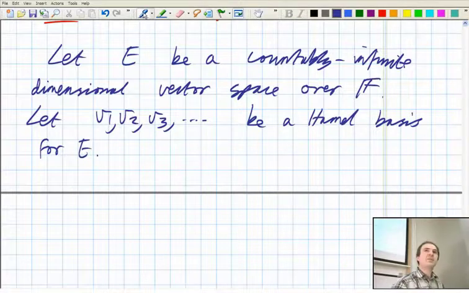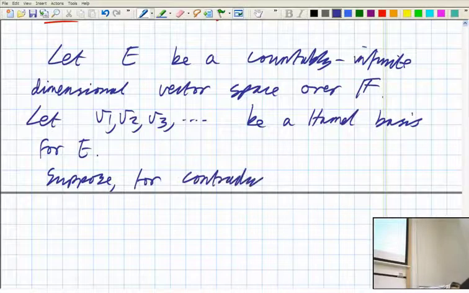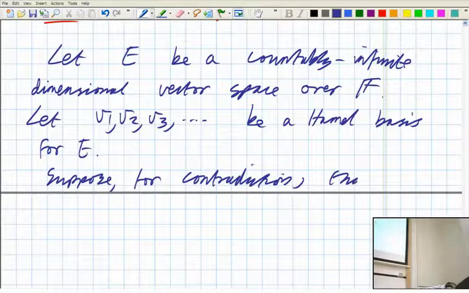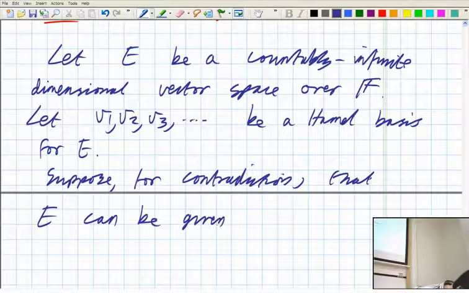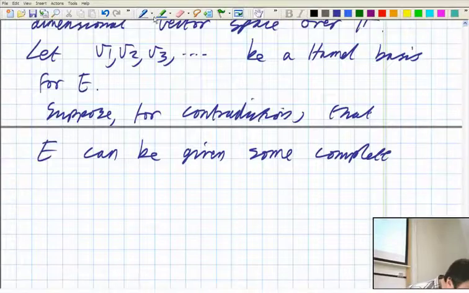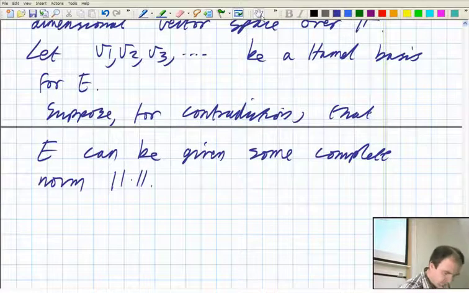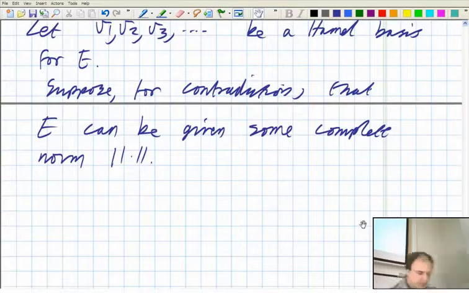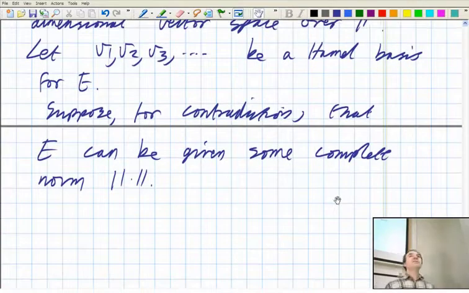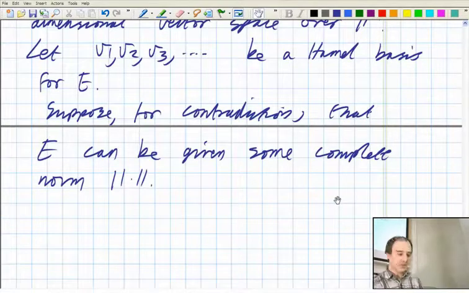Now, suppose for contradiction that we can put a complete norm on E. So suppose it can be given some complete norm. Now I'm going to use some finite dimensional subspaces that expand out and give you the whole of E to get a contradiction.